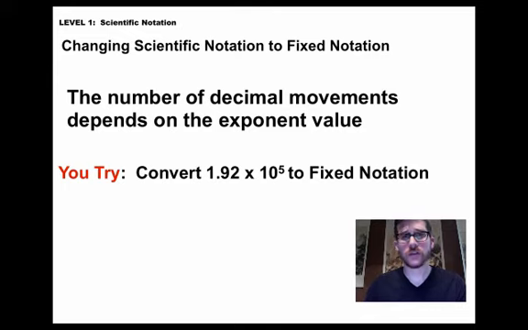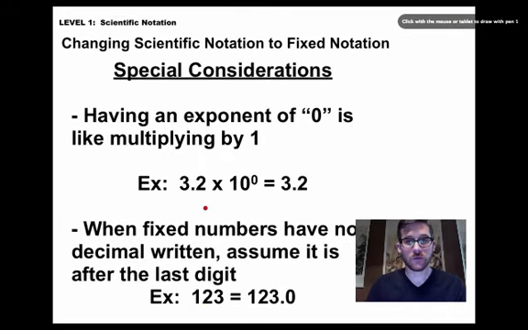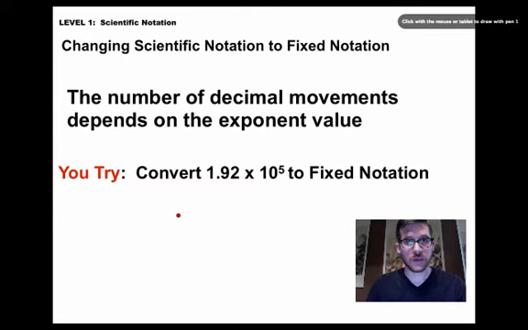So give it a shot yourself right now. Try this one. This time you have a positive exponent, so pay attention to that. Alright, so positive 5 means I'm going to move that decimal to the right to get a positive large number. So 5 movements is going to give me 1.92.